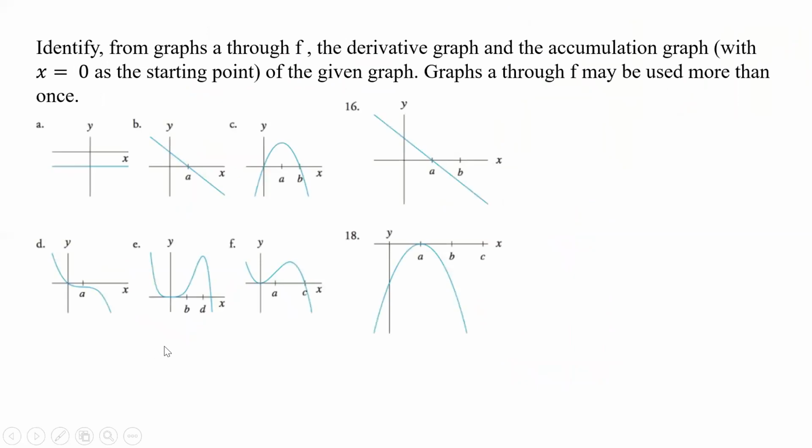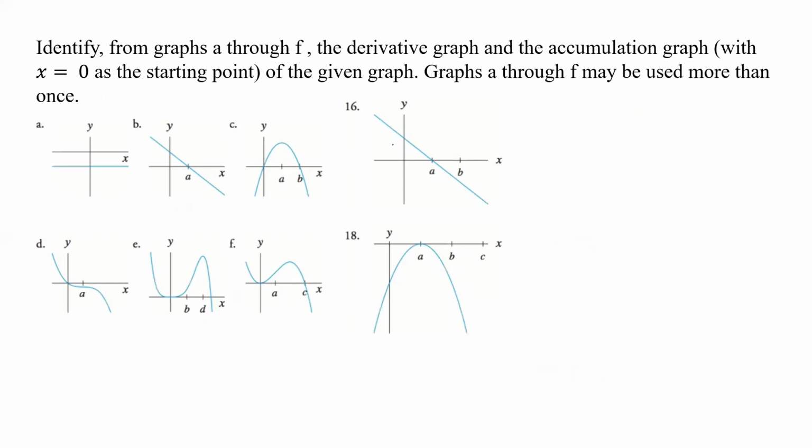Again, these drawings are kind of hard, but the concepts are what we need to know here. Let's do one last set here, 16 and 18. It says identify from the graphs A through F, and so we have A through F over here, the derivative graph and the accumulation graph. So for this one, the derivative of this and our accumulation of this with x equal to 0 as a starting point.